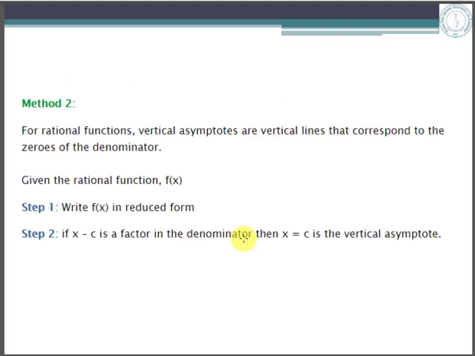And now the second method, for rational functions. Vertical asymptotes are vertical lines that correspond to the zeros of the denominator.